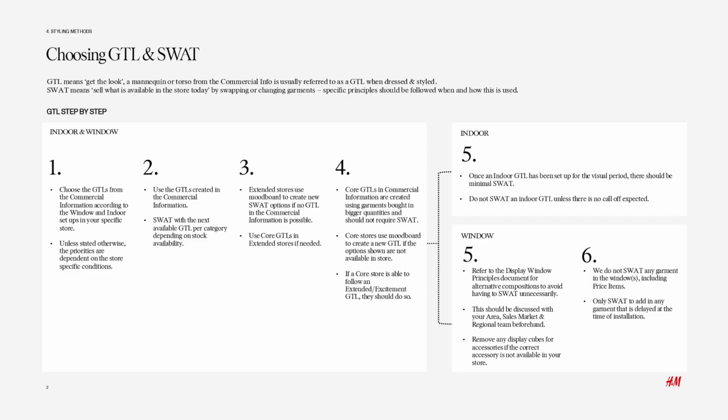There may be instances where the information cannot be followed 100% due to varying needs between regions. It is in these instances where mood boards really act as a fundamental tool to help achieve similar results using SWAP in store, always bearing in mind the principles for SWAP in the SPP.